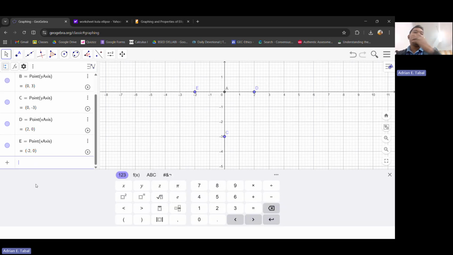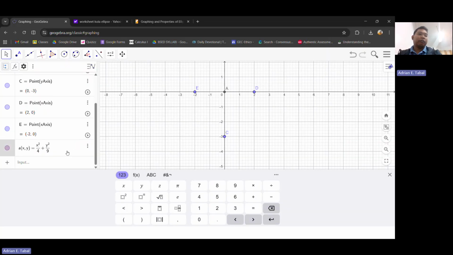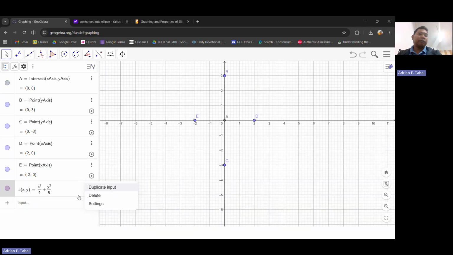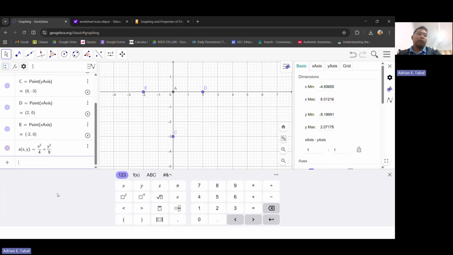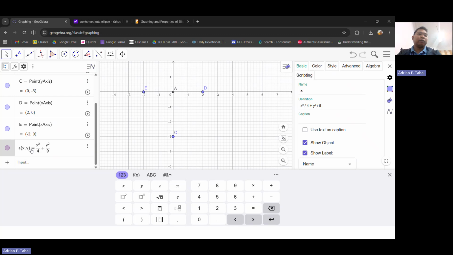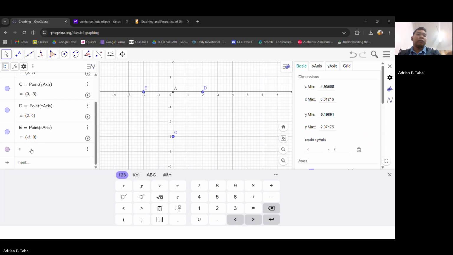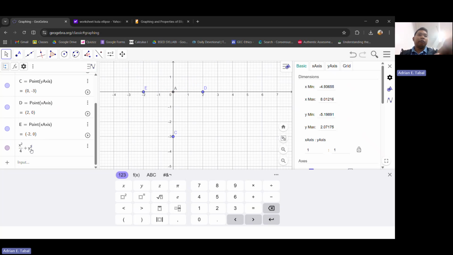So I will just input the formula. We have x squared over 4 plus y squared over 9 equals 1.